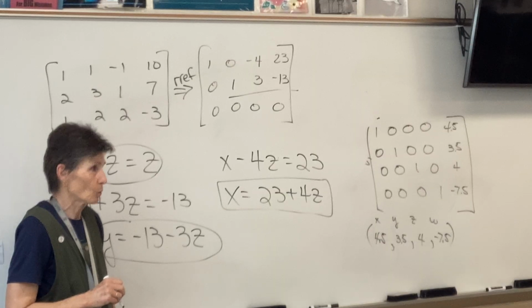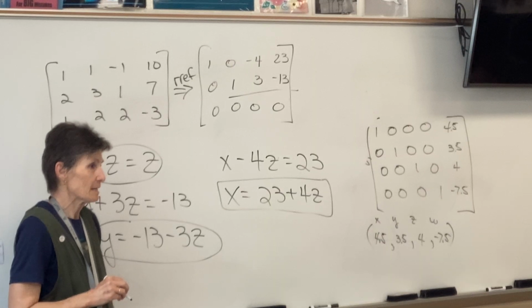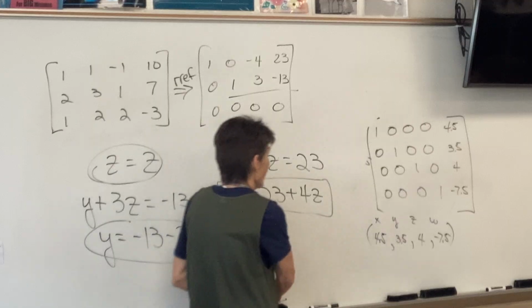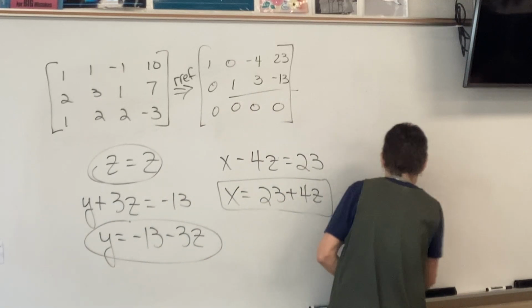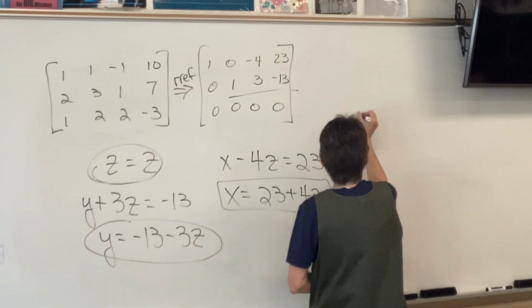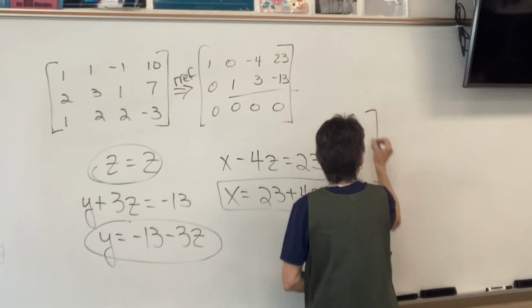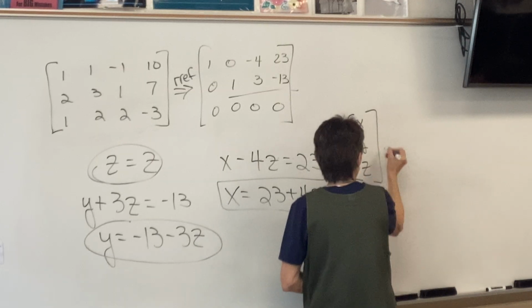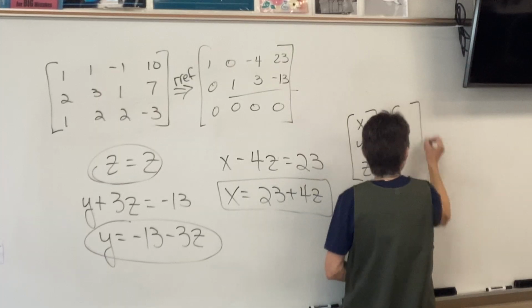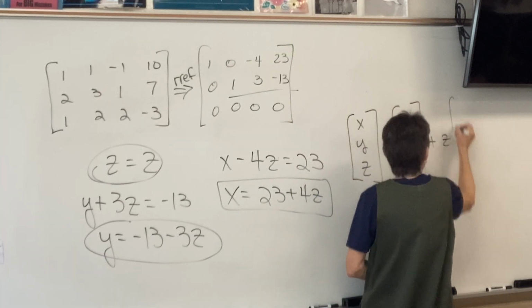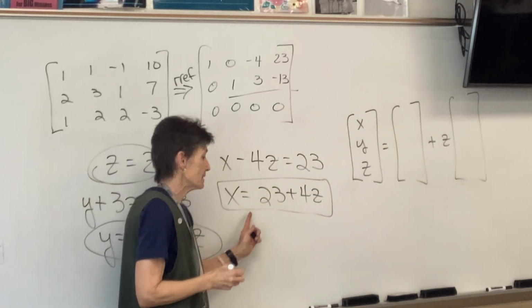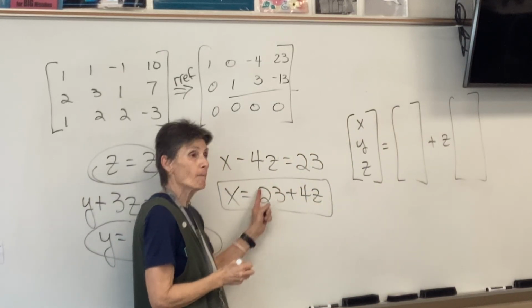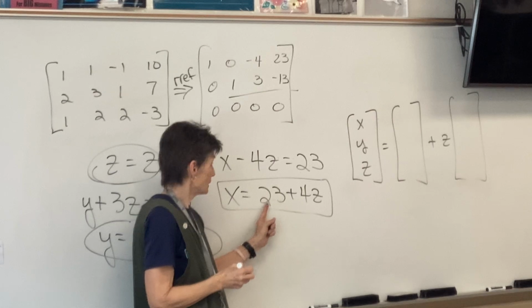Now how in the world do I write my answer? Well, it's very simple. Each answer, x, y, and z, has two parts. Each answer has a number and a z.